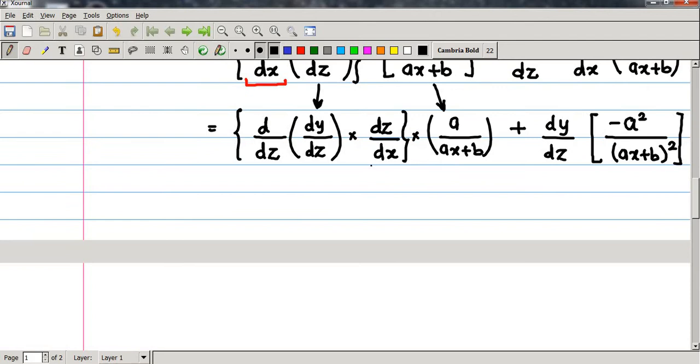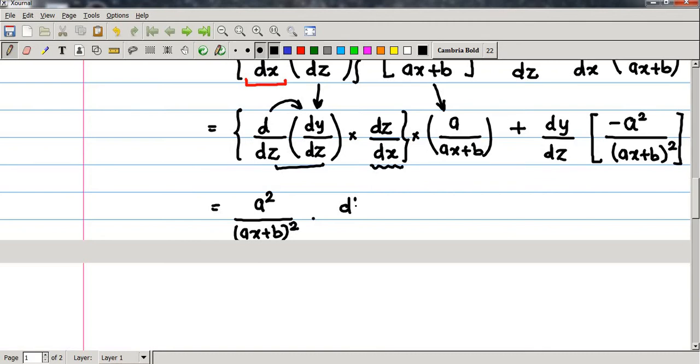Again, the value of dz by dx is a upon ax plus b, so we can rewrite it as a square upon (ax plus b) square into, so the derivative of y with respect to z is taken 2 times.